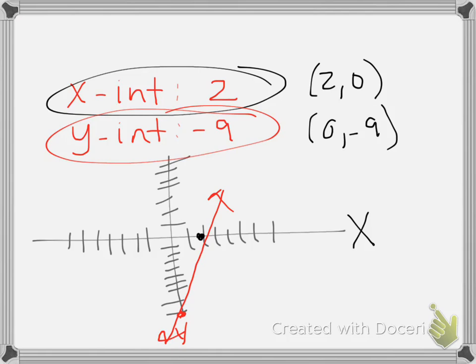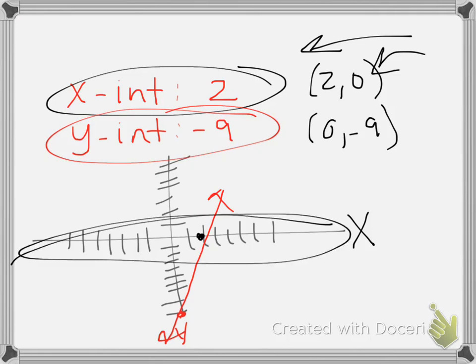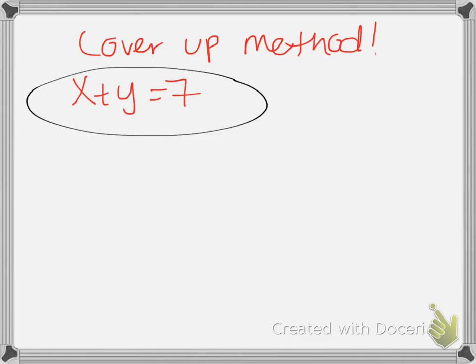So you can see that to find my x-intercept, I could plug 0 in for y each time, because all of these values for x-intercept are going to have y values of 0. So I could plug 0 in for y to find x, or I could plug 0 in for x to find my y-intercept.